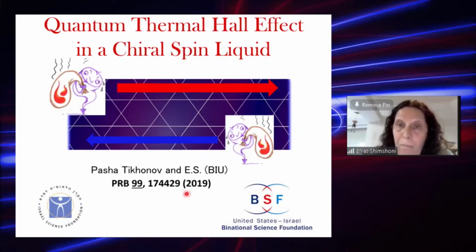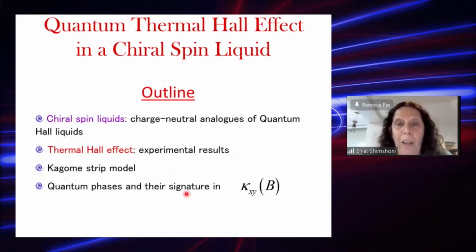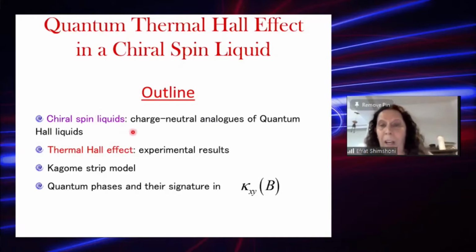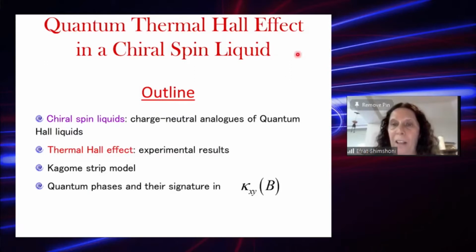So this is the outline of my talk. I will start with some brief introduction to the concept of a chiral spin liquid, and I'm going to advocate the idea that this is a system where in principle we can see a charge neutral analog of a topological feature known from charge conductors, and that is a quantum Hall liquid.